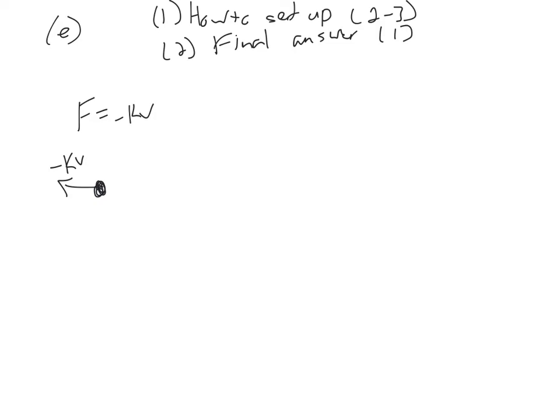So pretty much anytime you see something like this, a force that is speed dependent, that should trigger in your mind that you have to do this setup. Alright, so we know that F net equals ma. Pretty much if you're told to do a differential equation to find velocity, you want to do F net equals ma. And then we have negative kv equals ma.